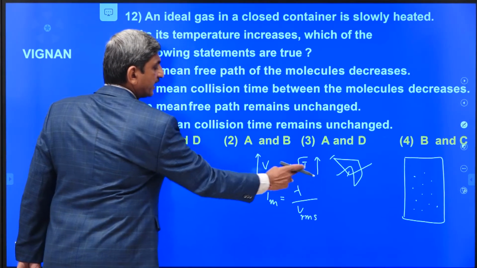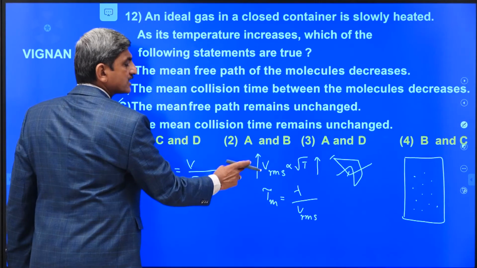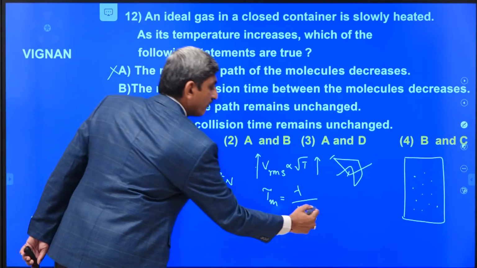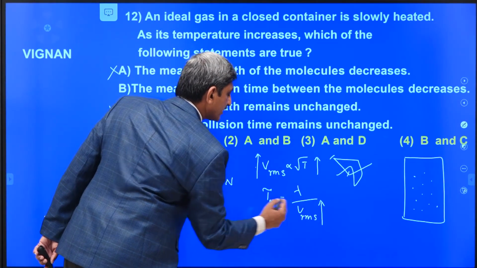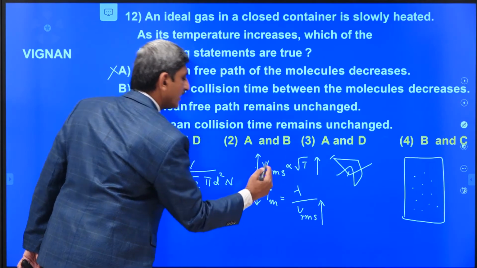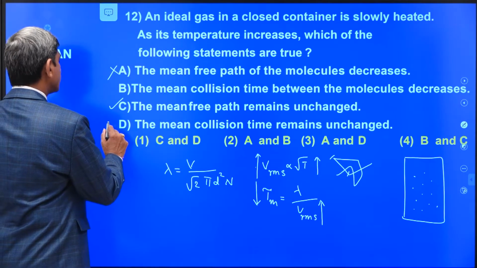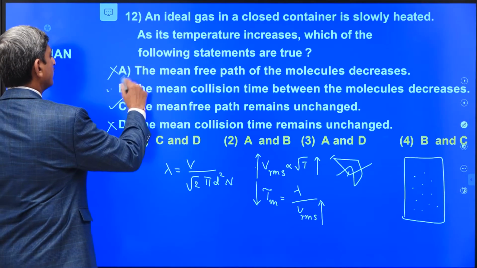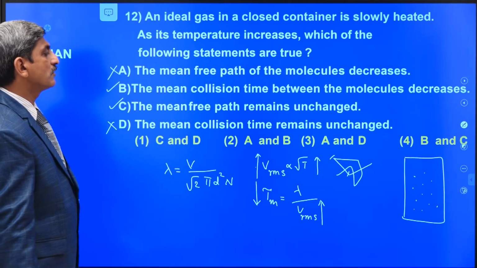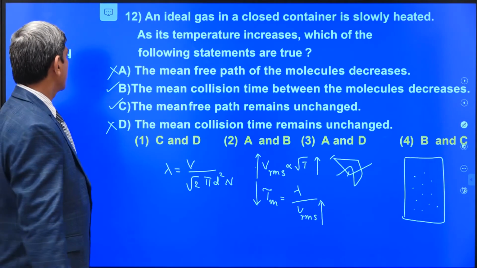As the temperature increases, the RMS velocity of the gas molecules increases. Whenever this RMS velocity increases, the mean collision time decreases. That's why 'the mean collision time remains unchanged' is the wrong statement, and 'the mean collision time between the molecules decreases' is the right statement.